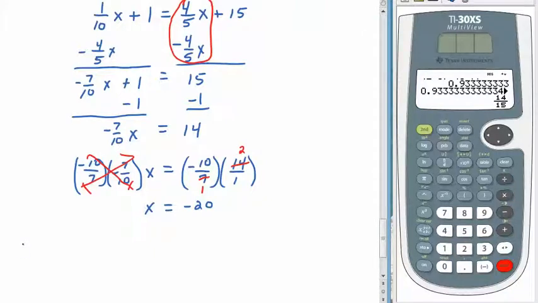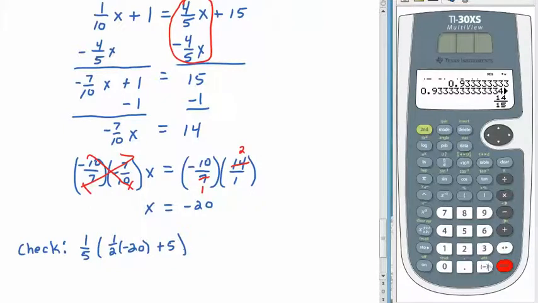But we should really be nice and complete about this whole thing and check. So here we go. On the left-hand side, we have 1/5 of 1/2 multiplied by -20 plus 5.